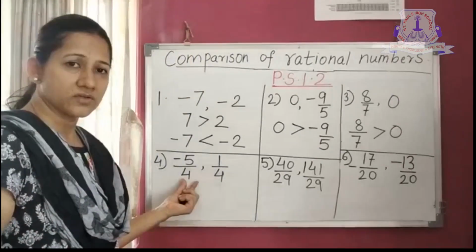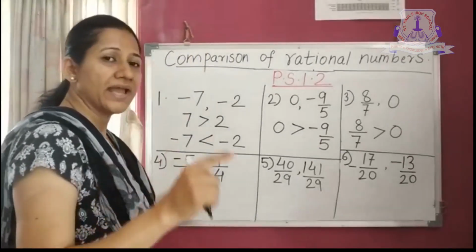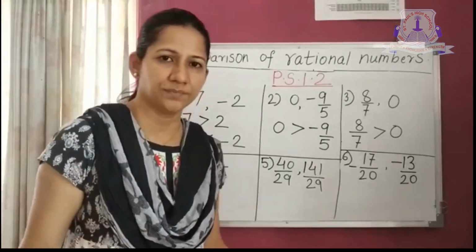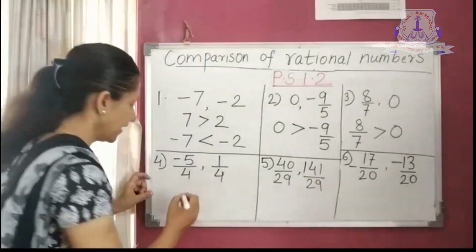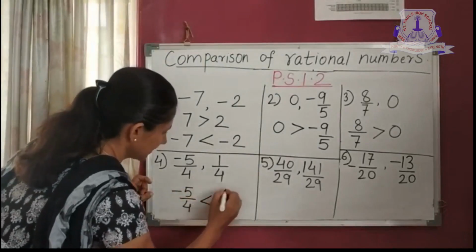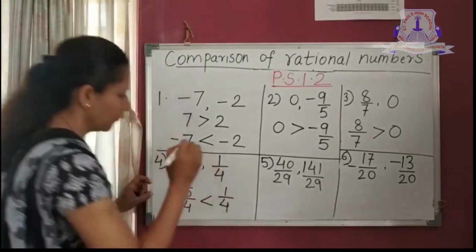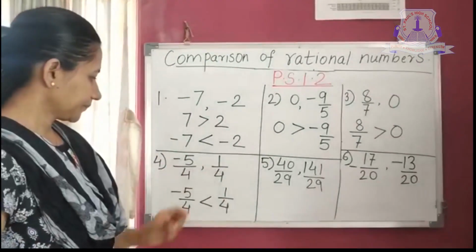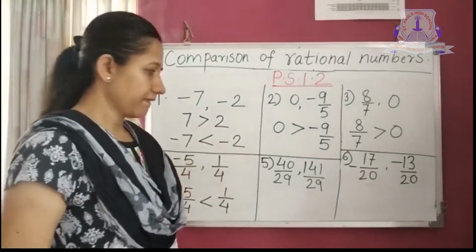So negative numbers are always less than the positive numbers. Here also you can write minus 5 upon 4 is less than 1 upon 4. Is that clear?